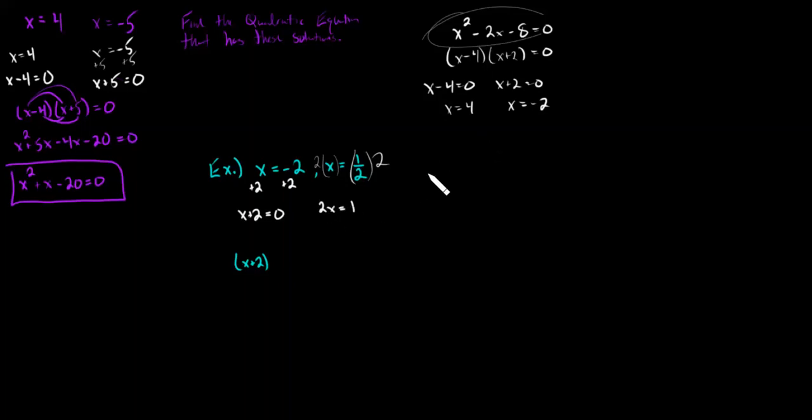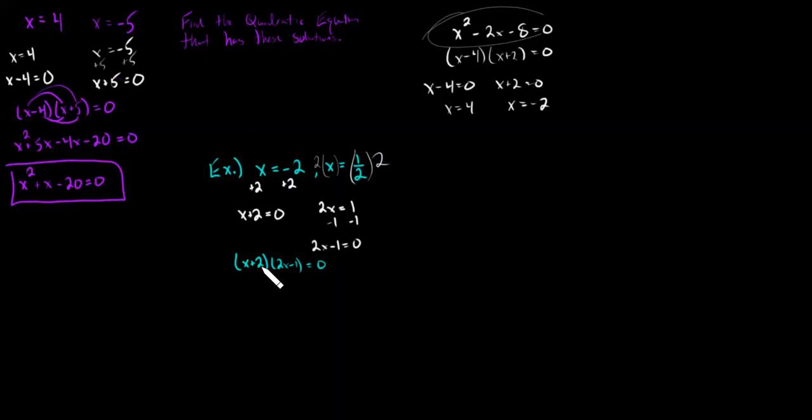Notice my fraction is now gone. Now I can do one last step to unsolve for x: subtract 1 from each side to get 2x minus 1 is equal to 0. This would be my other factor, 2x minus 1. If you solved for x, you would add 1, divide by 2, and get right back to 1/2, so that's how you can always double check that you have the right factor.